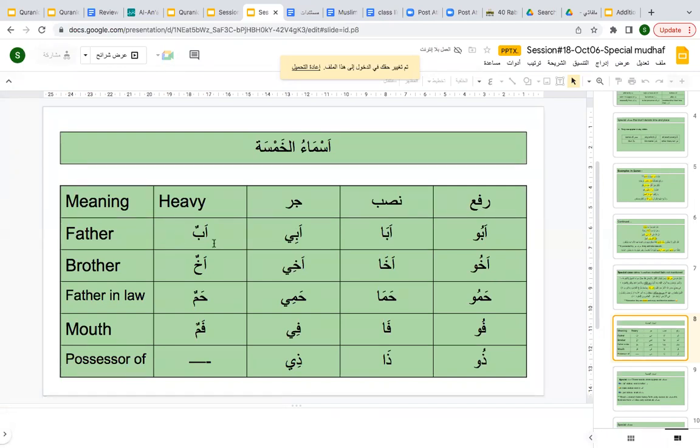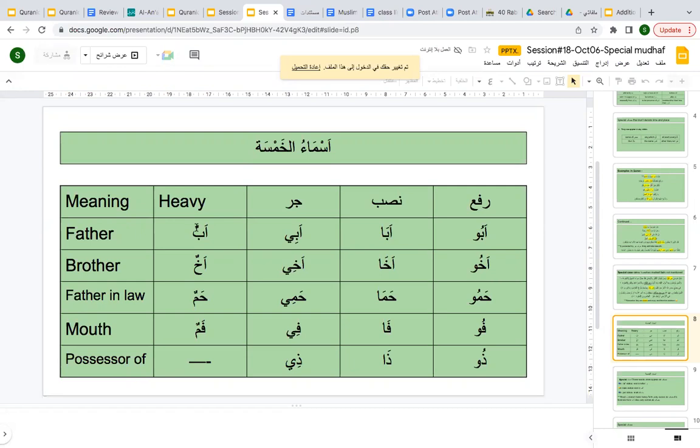In a normal case, the word abun, if I have to make it light, what should I be doing with the word? How will I make the word abun light? Look at abu, right?